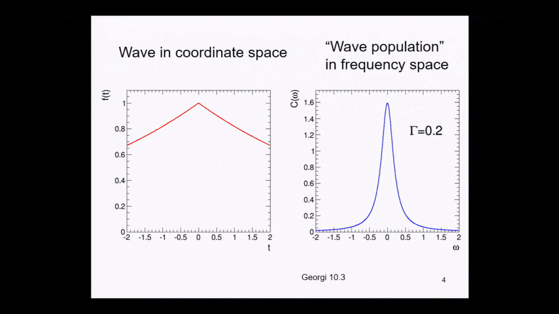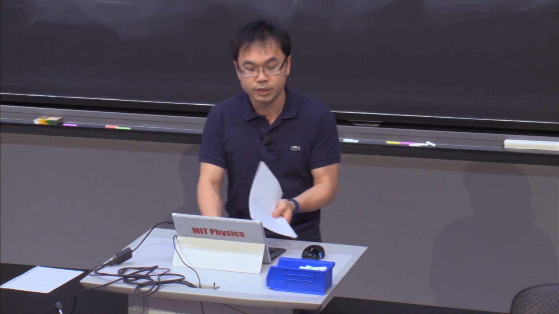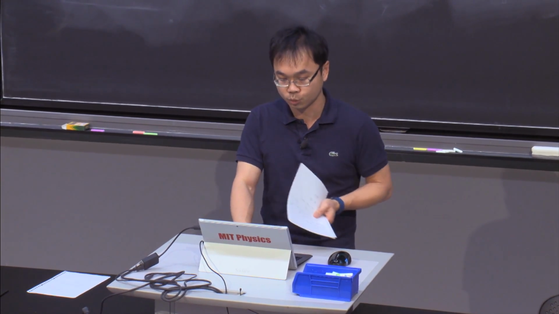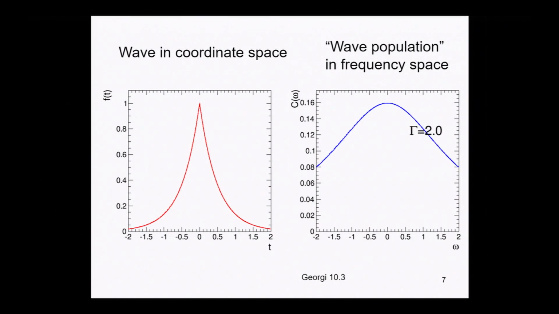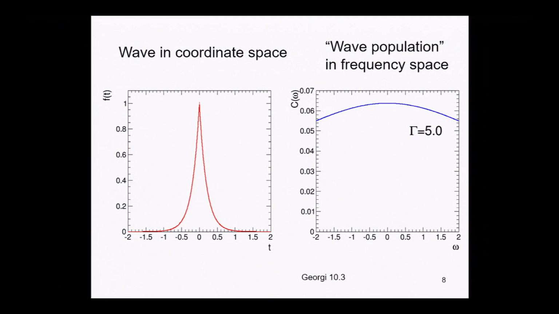Okay, the distribution becomes wider. I can increase and increase. Now it's gamma equal to 0.5, gamma equal to 1. And now I have a rather large gamma. Now it's at 2.0.